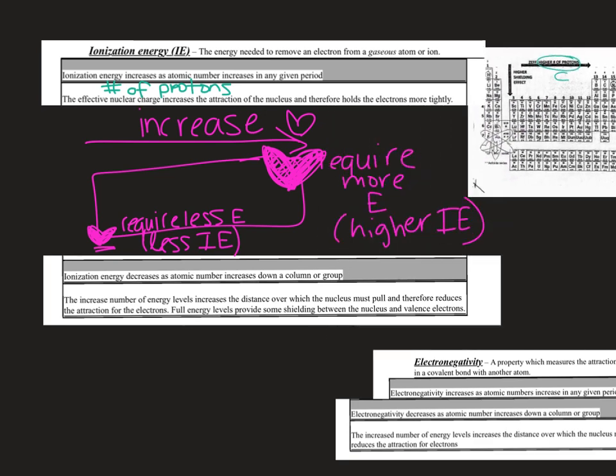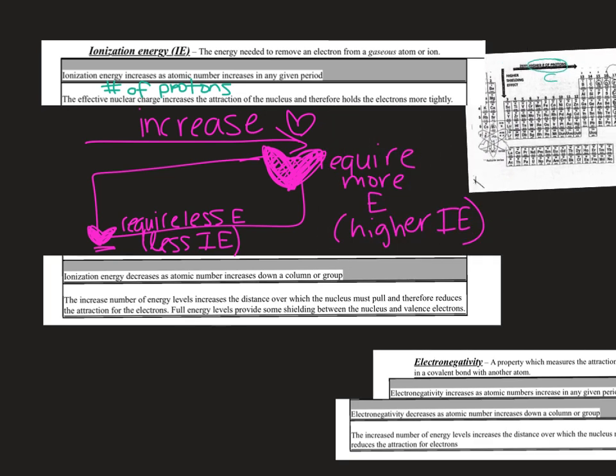So let's look at the next one. Ionization energy decreases as atomic number increases down a column or a group. Let's not worry about our atomic number increasing, because that sounds like what we just did. But ionization energy decreases down a column or a group. Remember, when it decreases, that means we're requiring less energy.